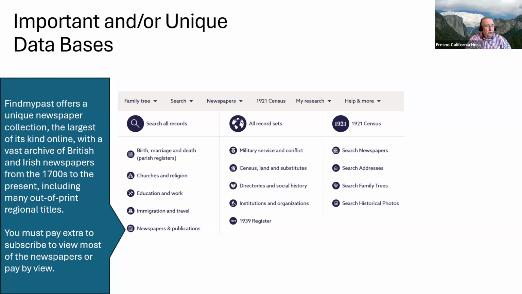And because they're United Kingdom, you're probably not going to find too much if you're going out and trying other sites to see if you can find something. I found one today on My Heritage that was a U.S. newspaper, and their newspaper collection is also behind a paywall.